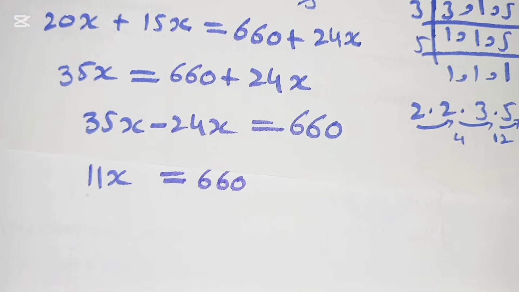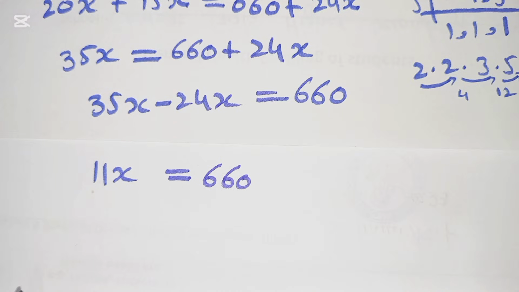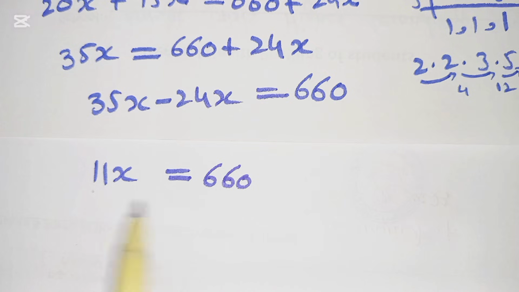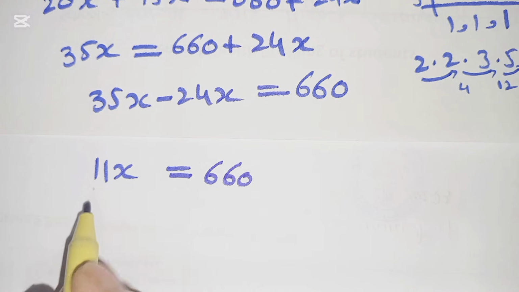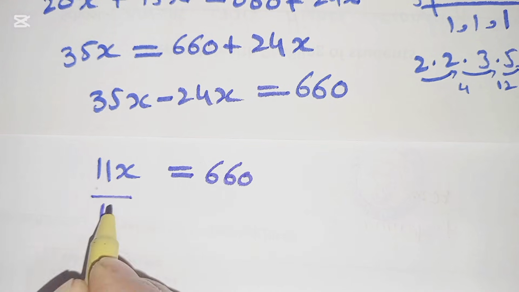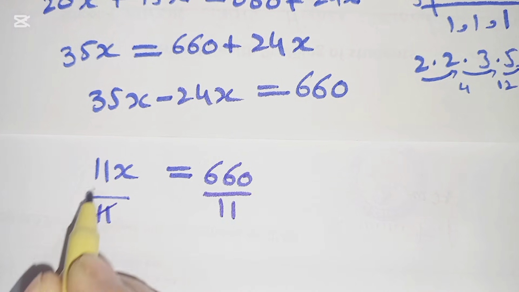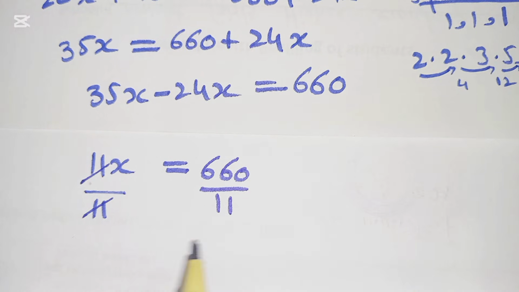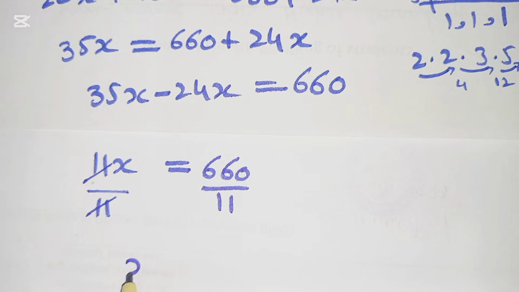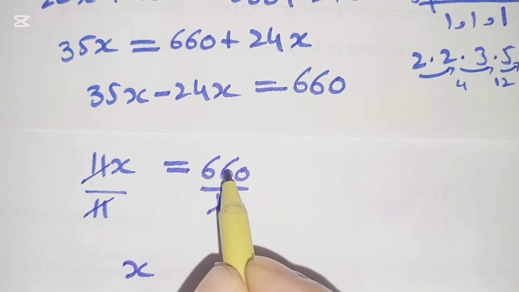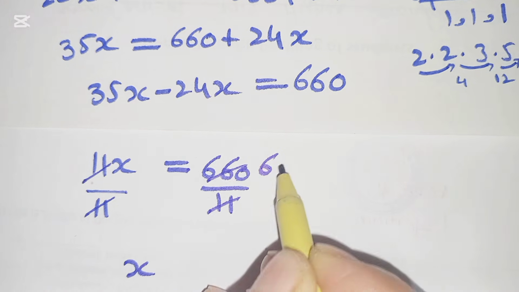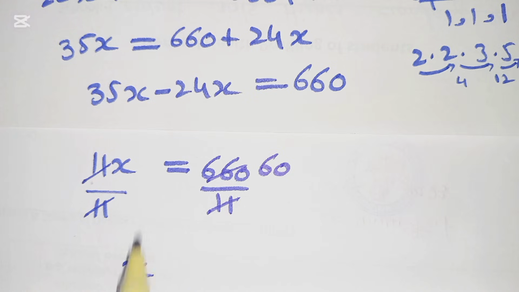And now here we divide by 11 on both sides, 11x over 11 and 660 over 11. This 11 cancels out this 11, and 660 divided by 11 is equal to 60. So x is equal to 60.